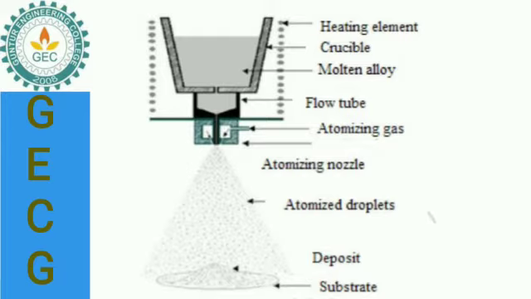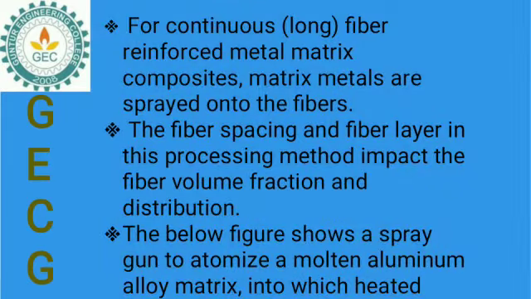In this process: first, heating element; second, crucible; third, molten alloy; fourth, flow tube; fifth, atomizing gas; sixth, atomizing nozzle; seventh, atomized droplets; next, deposit; next, separate. How to fabricate MMCs in this process is explained step by step.